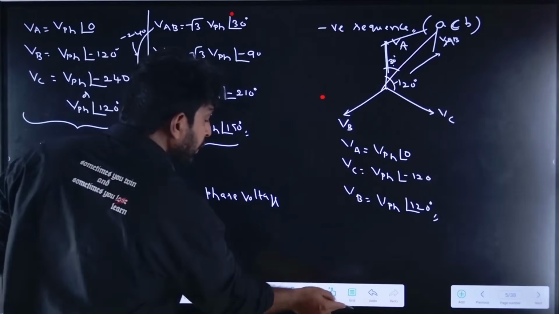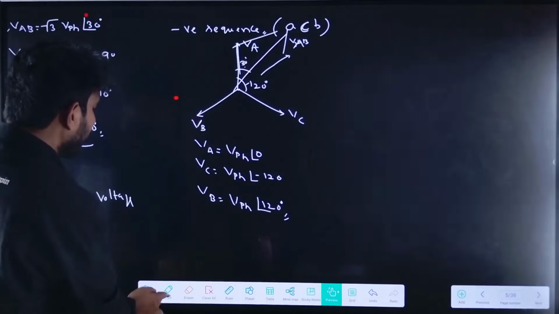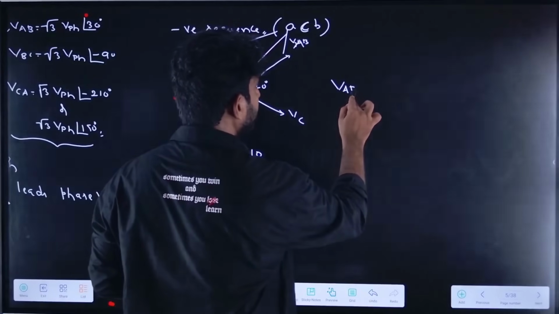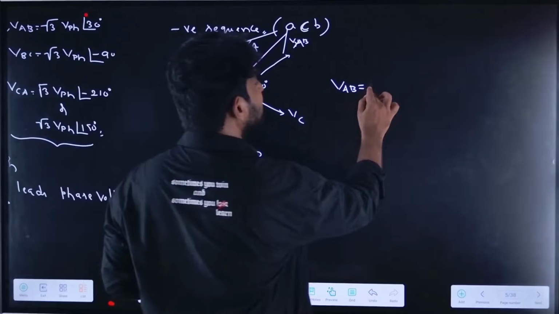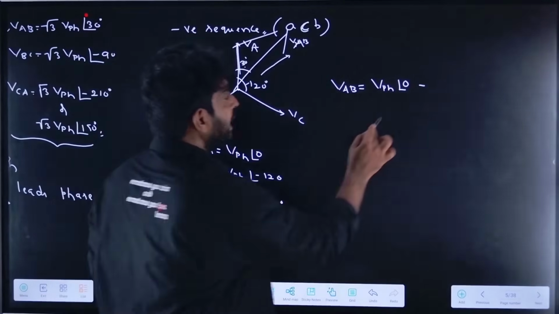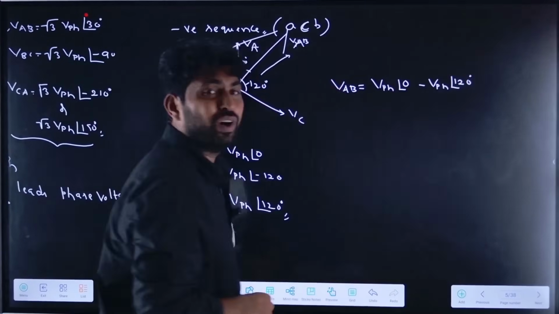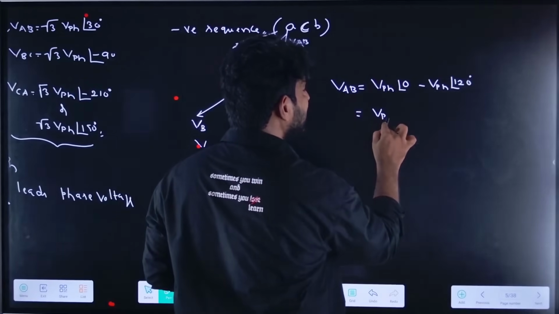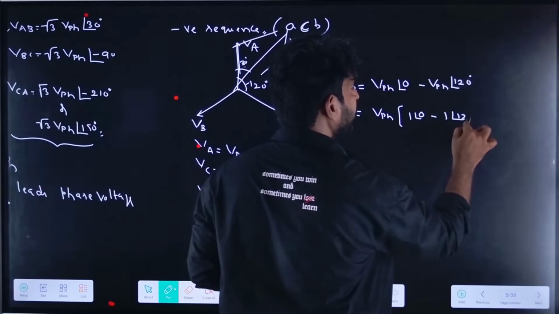Now, how can we find the VAB here? VAB equal to VA minus VB, that is V phase at an angle 0 minus V phase at an angle 120, which is equal to V phase into 1 at an angle 0 minus 1 at an angle 120.